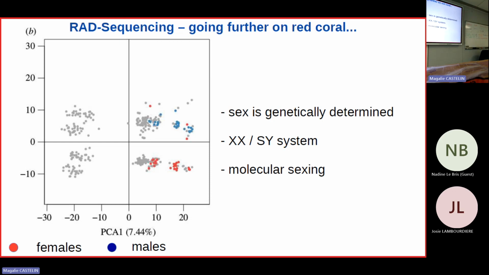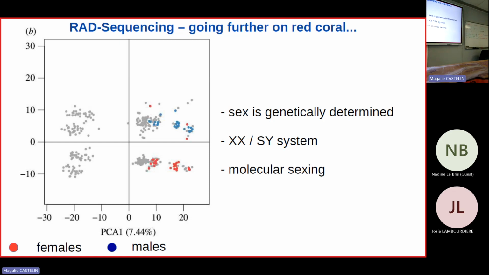If you do that in winter, for example, the gonads are too small. It could be done maybe with electron microscopy, but here, when the gonads are very big, just with a binocular, I guess. So for a subset of colonies, we have the sex.